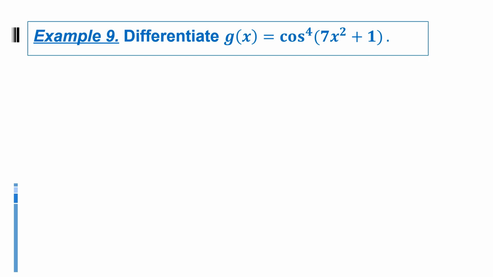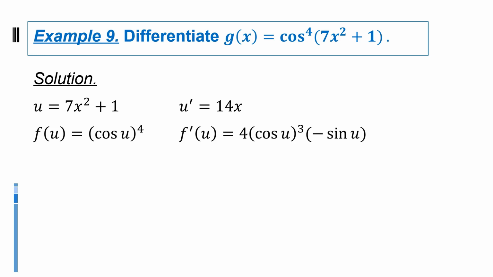Differentiate g of x equals cosine raised to 4 of 7x squared plus 1. So for our solution, u is equal to 7x squared plus 1 with the derivative of 14x. While f of u is equal to cosine u raised to 4. Okay? Pero dito, pansinin nyo na pwede pa rin siyang gawing chain rule.